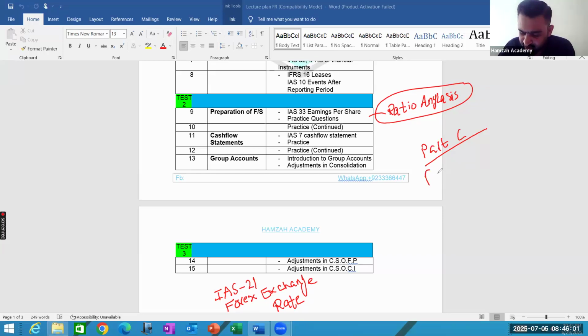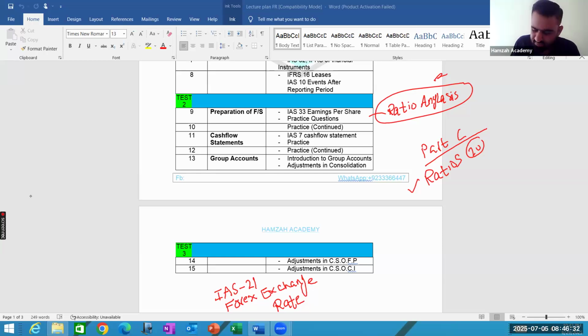One question will be from the ratio analysis, and I am sure, 98% chance, that one question will be from the ratios. And the question from the ratios will have a total of 20 marks. And it is a must question, which you will see in Part C of your exam.